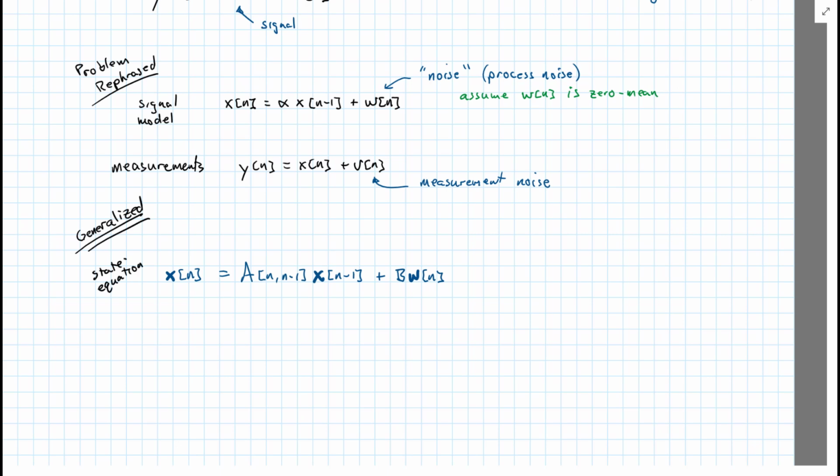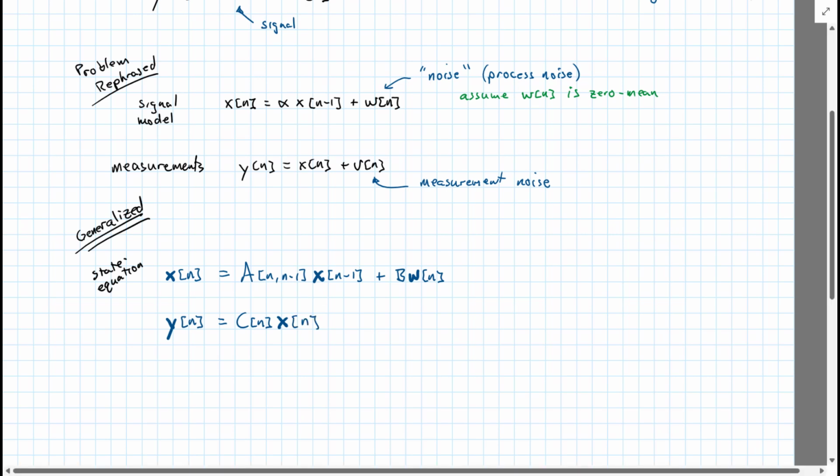The state is x. X of n tells us what things look like right now: the state of our system, the state of our signal, whatever you want to think of it as. The state equation explains how the state at time n is related to the state at time n minus 1.